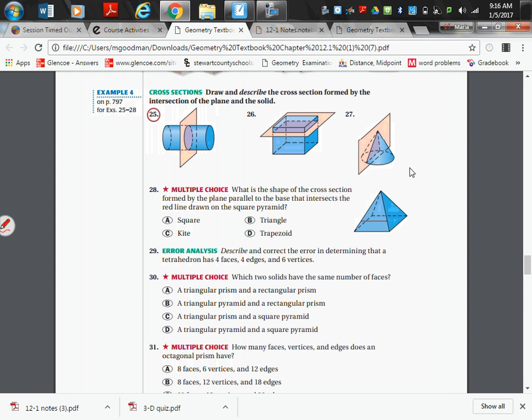So first thing, you have to draw the shape that was made. Not the whole 3-dimensional shape, the shape that was made when you made the cross section. You have to draw that shape.